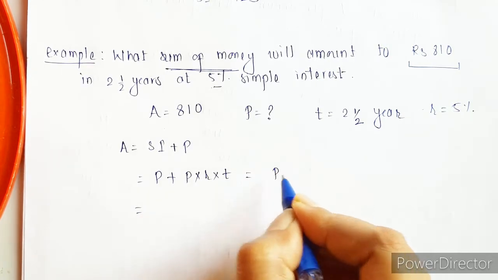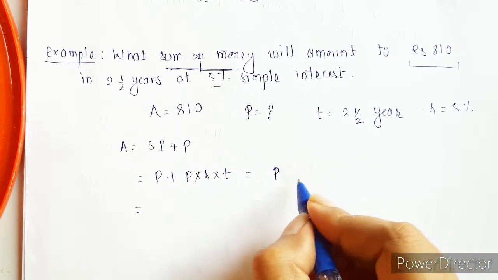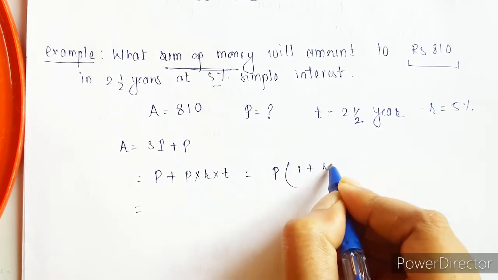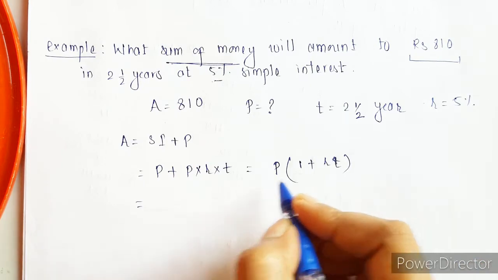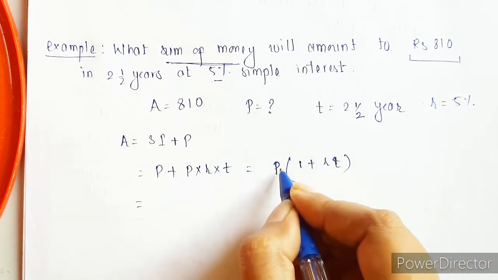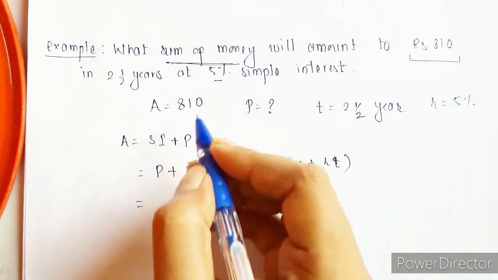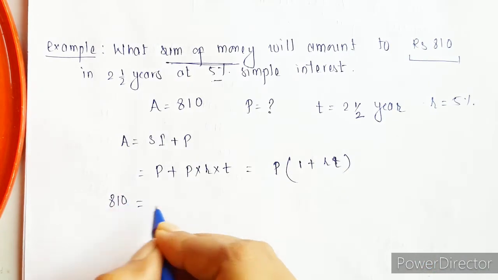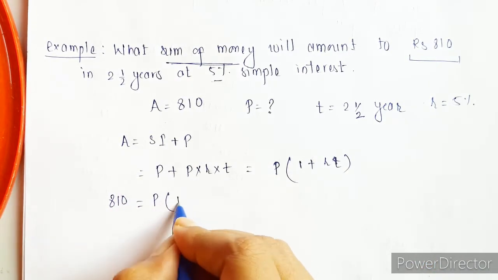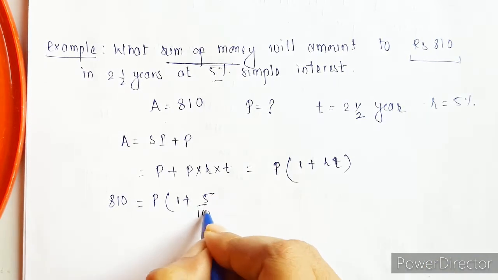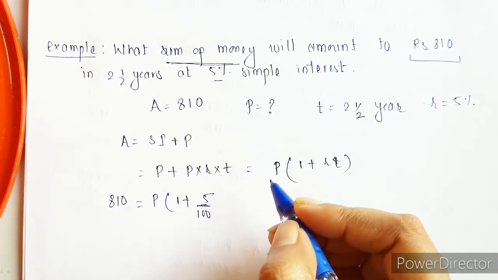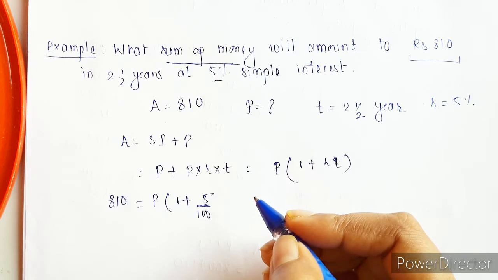We can write this as, if I am taking P common, remaining is 1 plus R into T. We need to find this, how much we shall invest so that we can get 810 rupees. So P is unknown, 1 plus rate of interest is 5%, so 5 upon 100, and time period is given as 2.5 years.